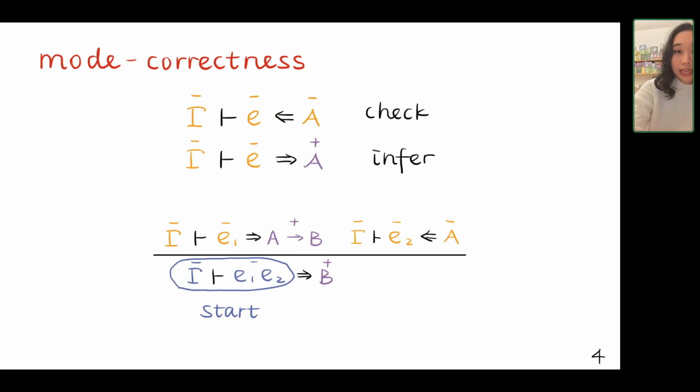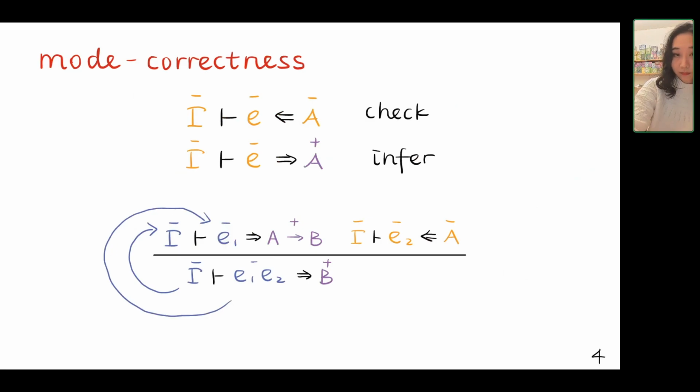If we know gamma and E1 E2, then we know gamma and E1 in the left premise, and by similar reasoning, we have gamma and E2 on the right premise. Now looking at the left premise, all the inputs are fulfilled. So by induction, we should be able to get the output of this premise, which would be A arrow B. And then we can grab this output and feed it in as an input to the right premise.